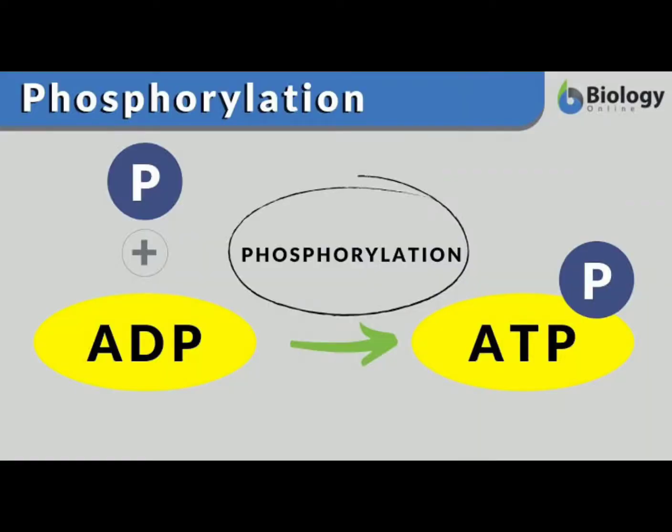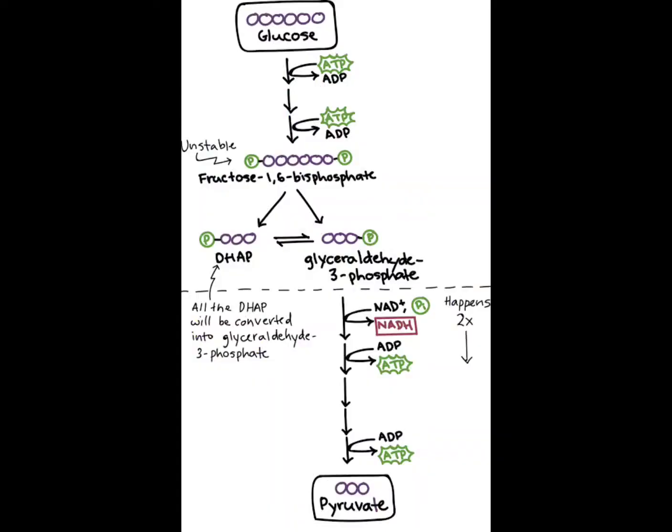Step 3, phosphorylation. Here, fructose 6-phosphate is phosphorylated by ATP to fructose 1,6-bisphosphate. This is an irreversible reaction and is catalyzed by phosphofructokinase. Step 4, breakdown.